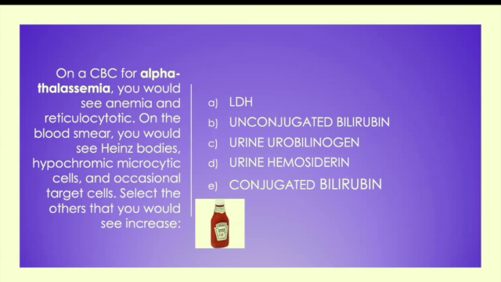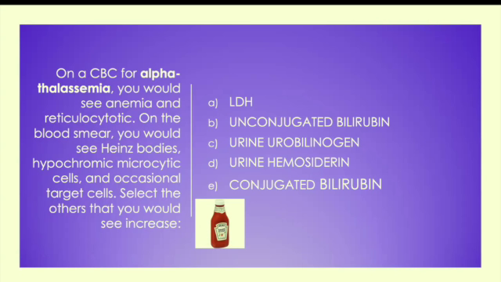The smear also shows hypochromic microcytic cells, and there would be occasional target cells. It says select the others that you would see increase. So others, the first four. I was going to say, since it says others, I know that it's going to be more than one, and I just think of test taking strategies like that.